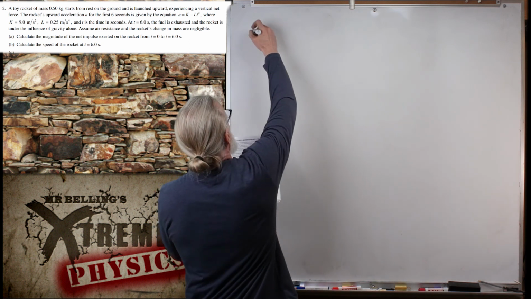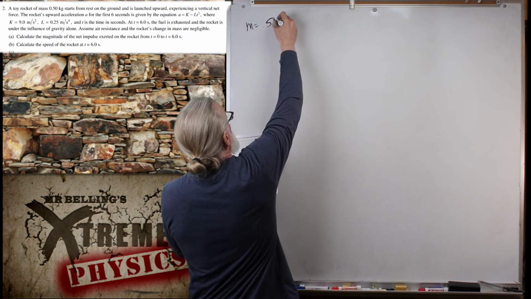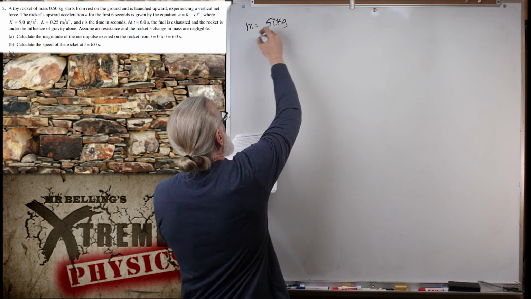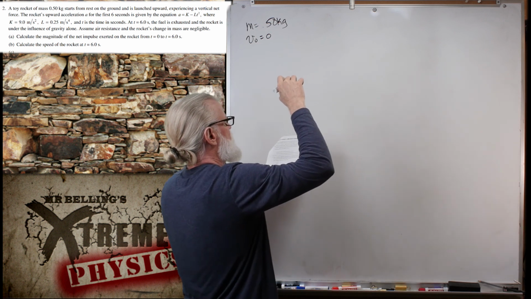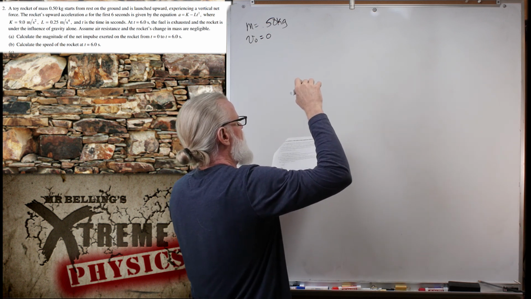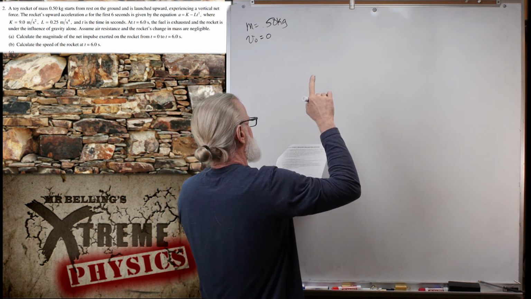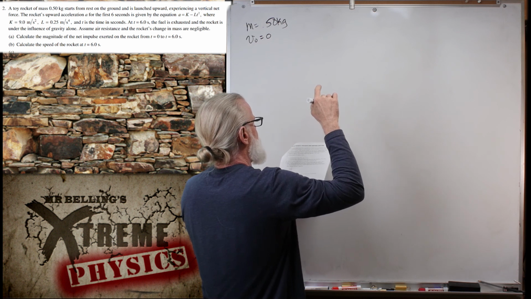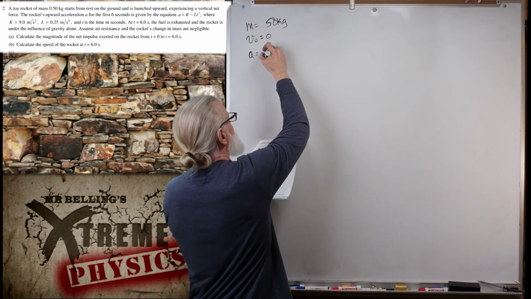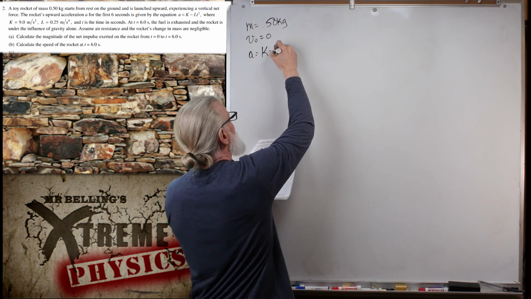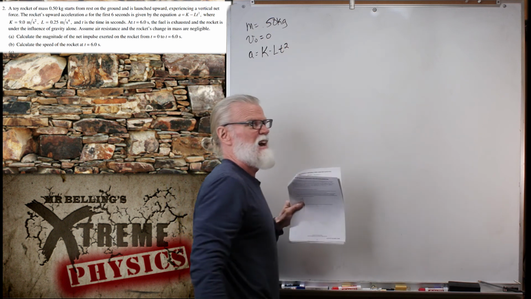A toy rocket of mass 0.5 kilogram accelerates from rest on the ground, is launched upward, experiencing a vertical net force. All right, it's accelerating upward. The rocket's upward acceleration, a, for 6 seconds is given by a equals capital K minus L t squared. I smell calculus.